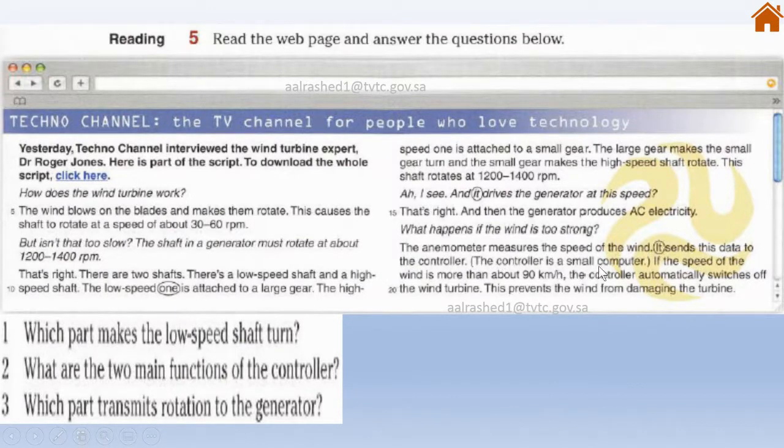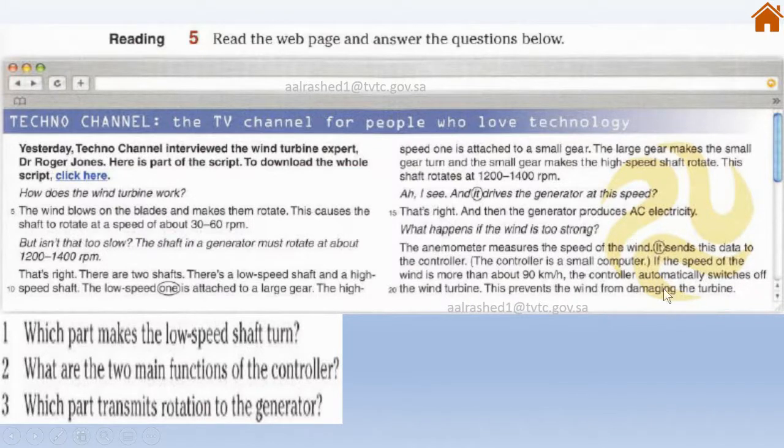The controller is a small computer, so the computer measures and provides control to either stop or proceed the speed of the turbine. If the speed of the wind is more than about 90 km, the controller automatically switches off the wind turbine. This prevents the wind from damaging the turbine.